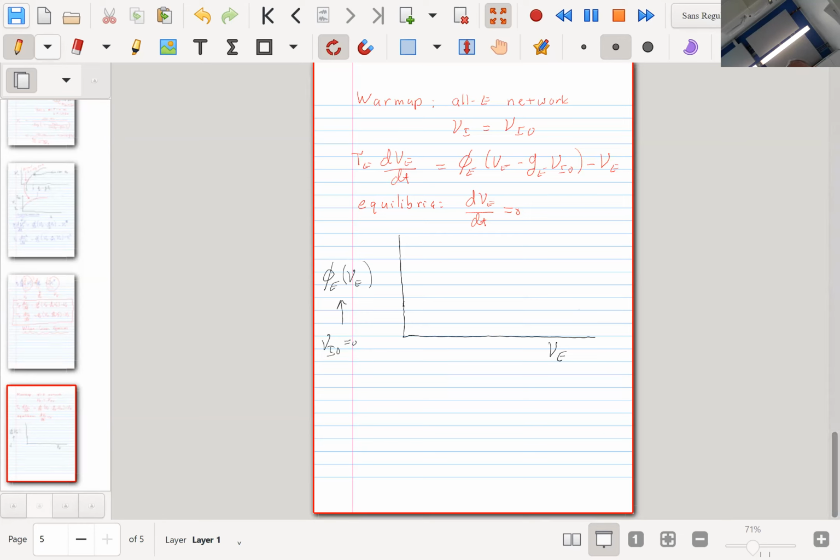It goes up mainly, and then it shoots up really fast, okay? So that's phi E. We can also plot on the same axis just nu E. So this is phi E, and this is just nu E. Nu E versus nu E, it's a 45-degree line.